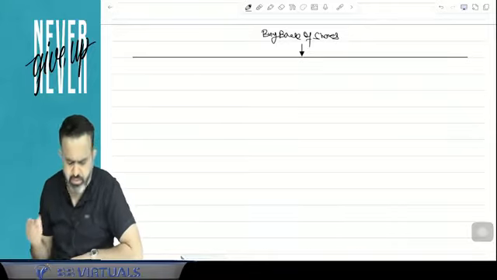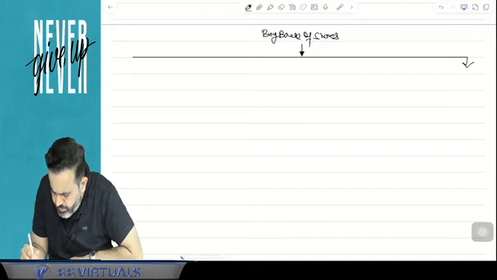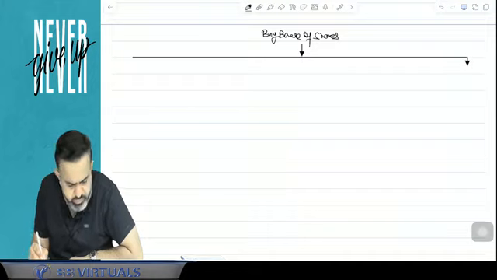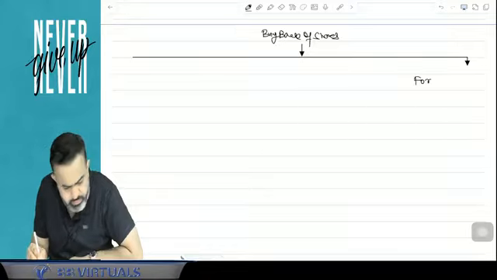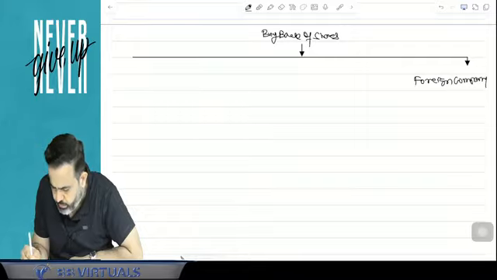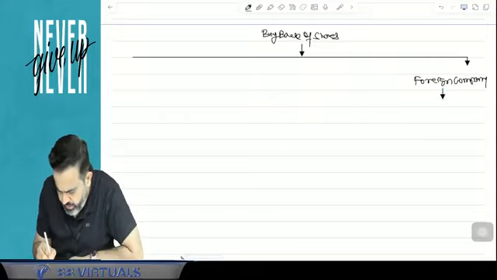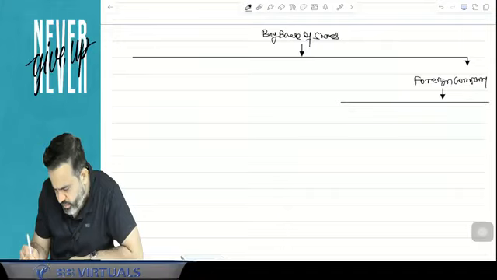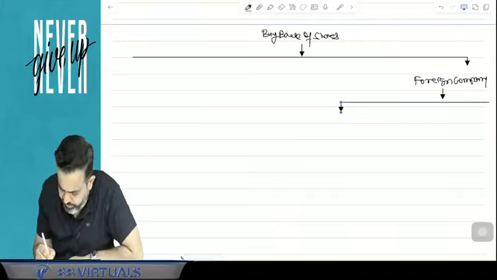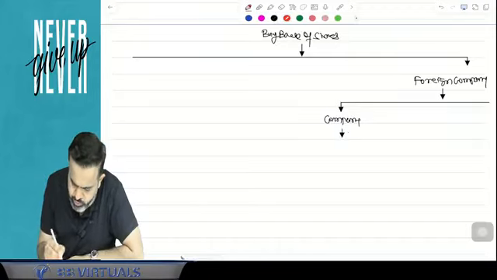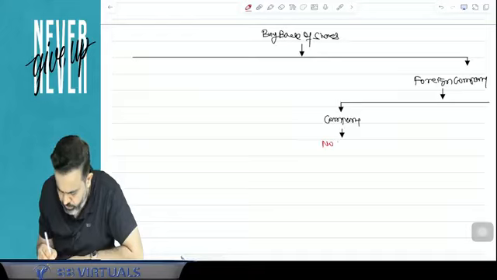So guys, let's discuss first the foreign company, but the examiner will not ask for it in the examination. Suppose there is a buyback by the foreign company, then the normal rule will apply. Means in the hands of the company, there is no tax treatment.